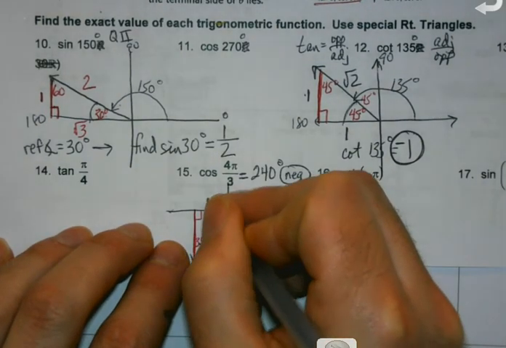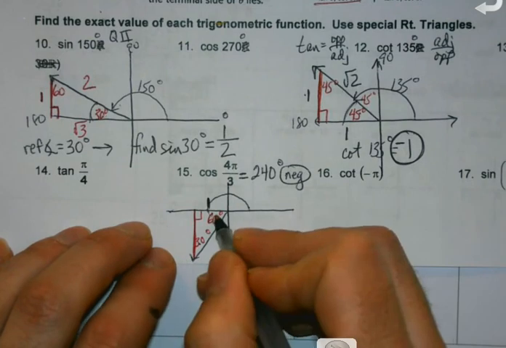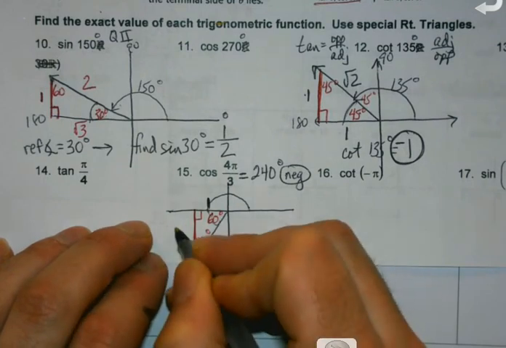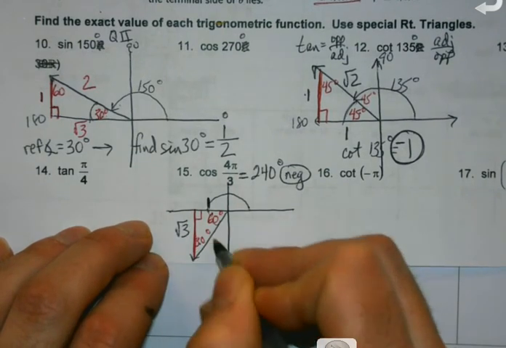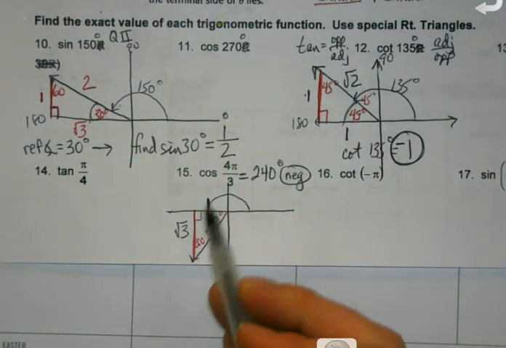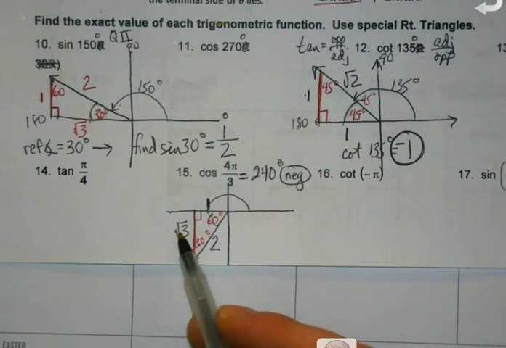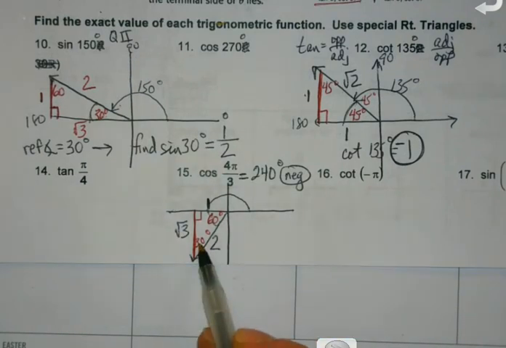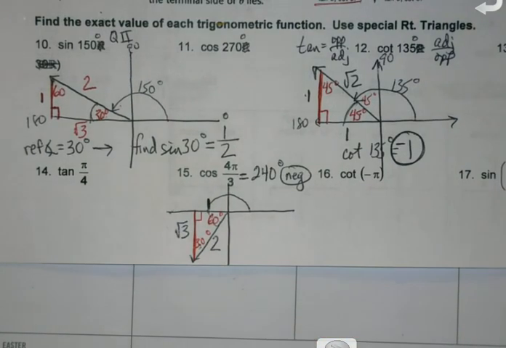We've got 1, square root of 3, and my hypotenuse is 2. If you ever start to get these two confused, just keep telling yourself, 30 is the smallest. 1 is smaller than the square root of 3. Square root of 3 is like 1.73.